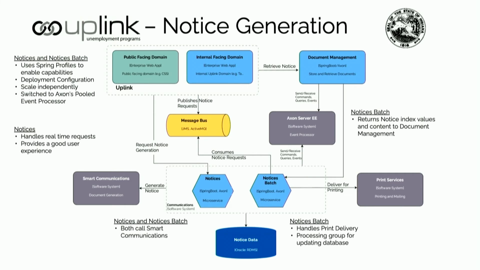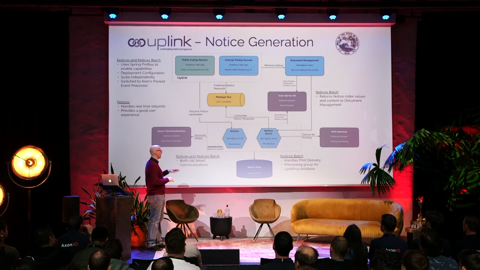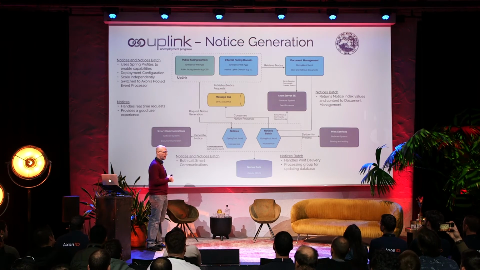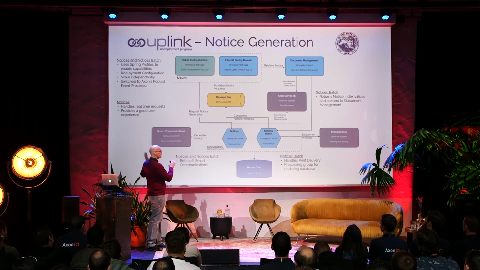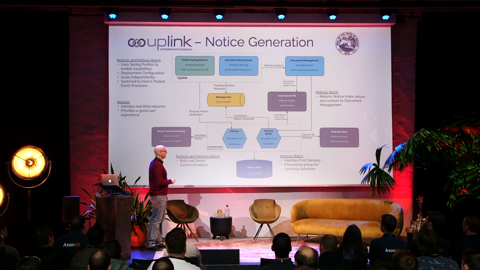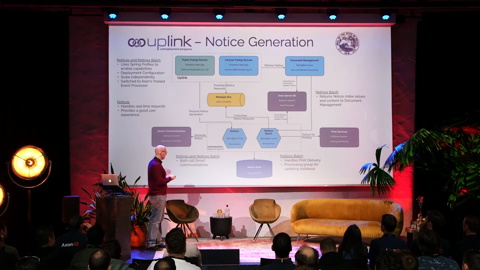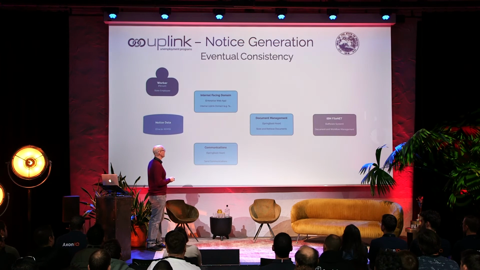And with the processing groups, we used profiles to control which processing groups were available. The notice batch microservice just does all the work, but we have another one that is not scaled as high for real-time requests from the users. And that solved that problem, and it's like high fives all around.